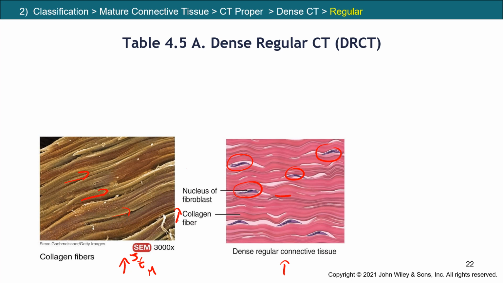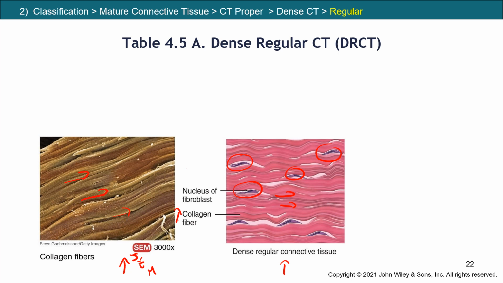In both you see that they go in parallel, and this allows them to have strong and flexible connections along the orientation of the fibers. And when is this useful? It is useful in structures like your tendons, ligaments, and aponeuroses. We will talk about what all those aponeuroses are in a future lecture.